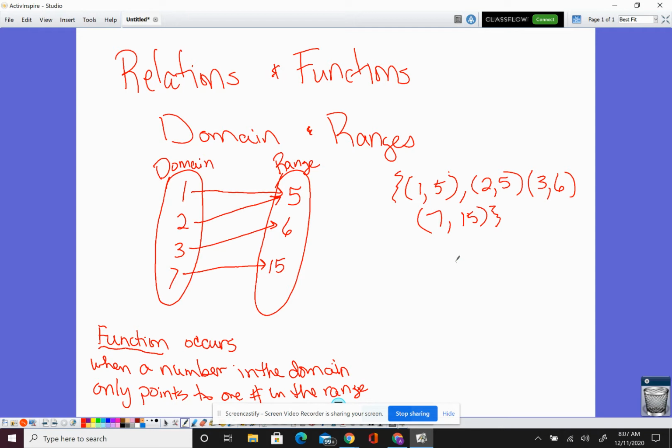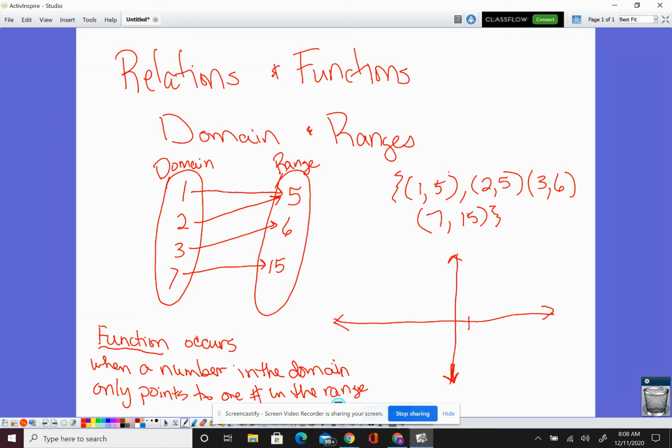And the reason for that is a function says you can only have one specific range or one y value for each of your x's that you have.